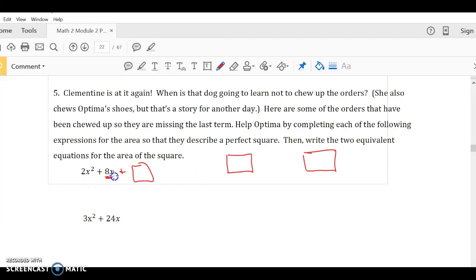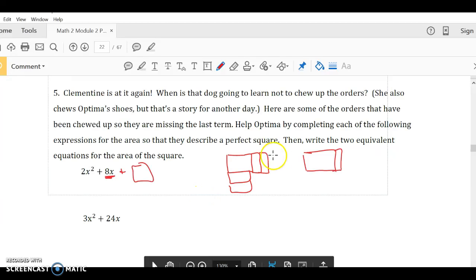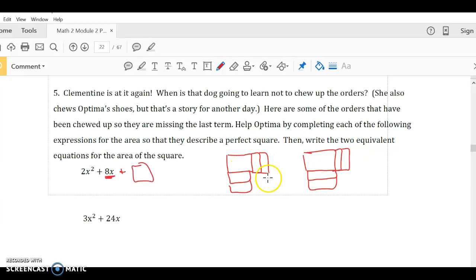Now if I have 8x, and I have 2 squares to distribute to, each square is going to get 4 x's. All right? So this gets 4x, this gets 4x, which is 8x, but I have to distribute to the sides evenly, so I get 2x and 2x.